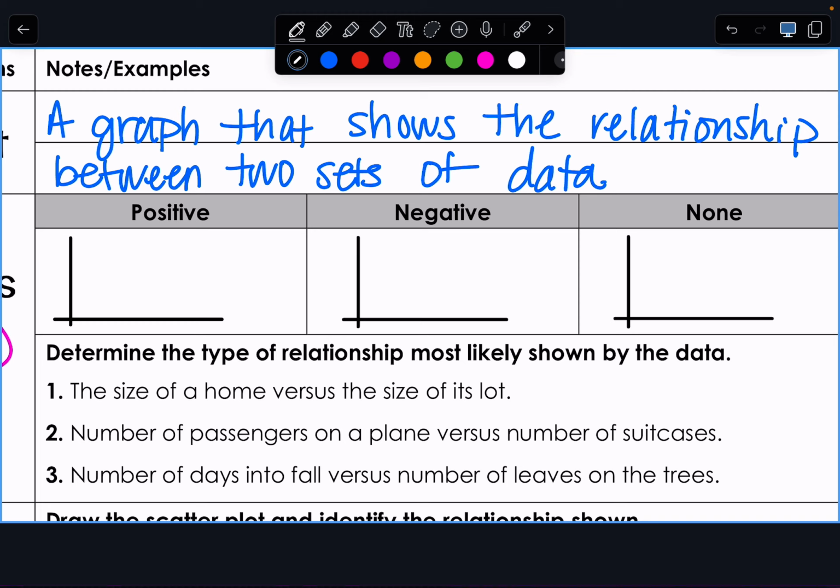So if there is a positive relationship, then we have a trend that as X gets bigger, so does Y. And if X and Y both get bigger, then we have this trend in the positive slope direction.